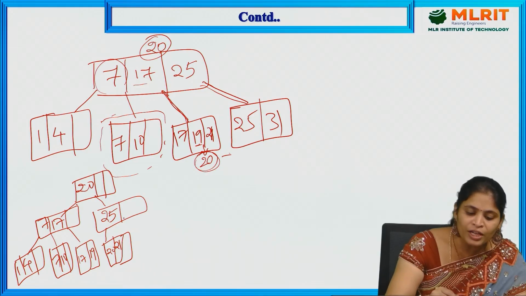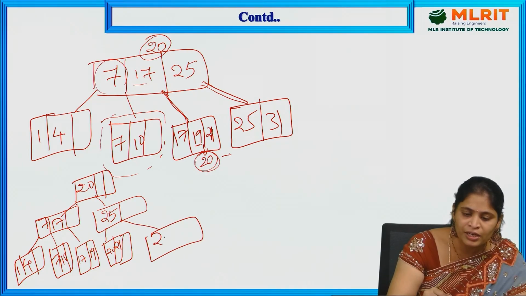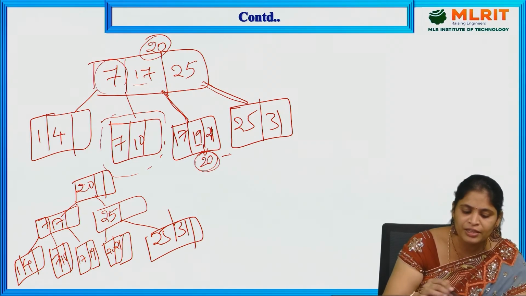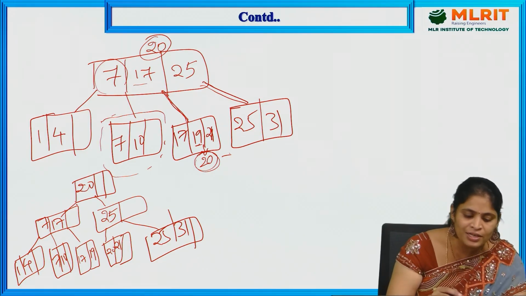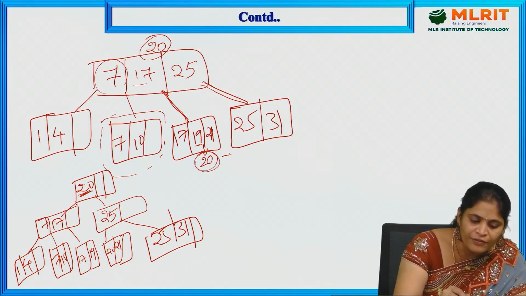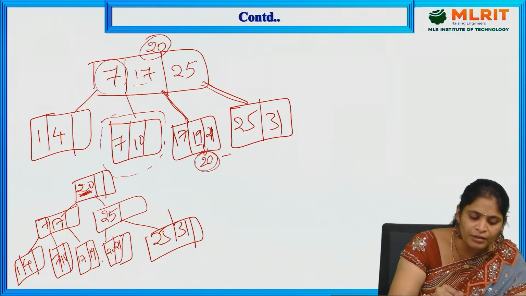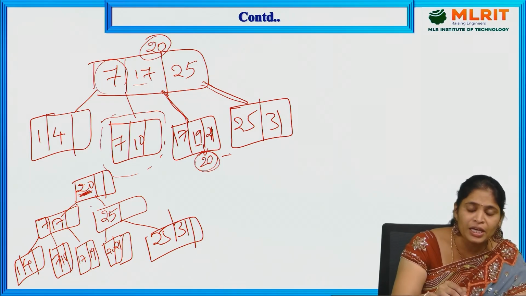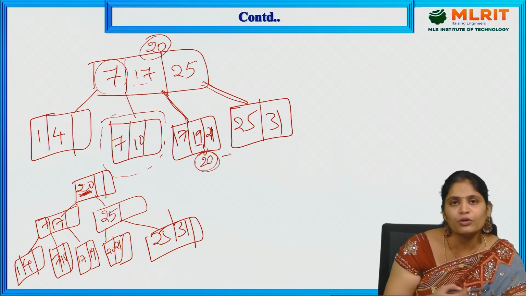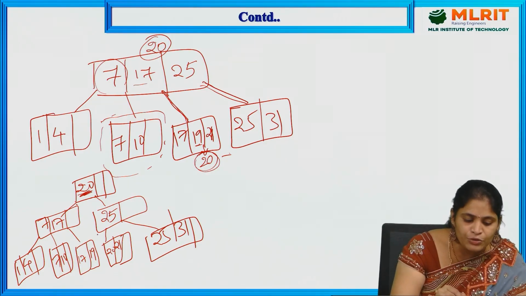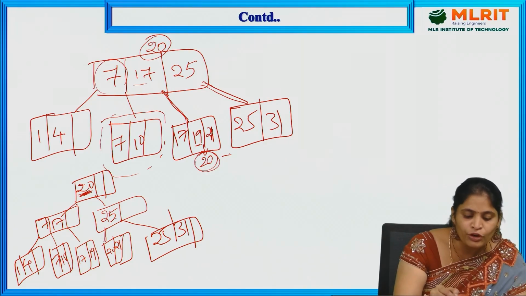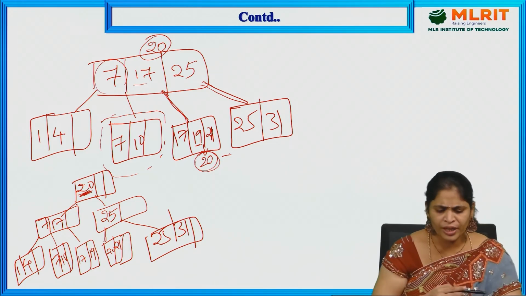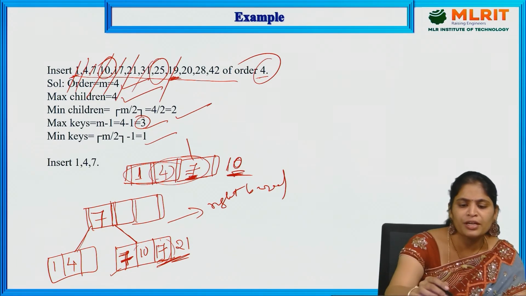To the right of 25, I should insert 25 and 31. Why? Because the root node which I have chosen is 20. The left subtree must be less than 20, and the right part must be greater than or equal to 20. That is the reason I split 20, 21 to the left of 25. Okay, so in this way we insert 20.